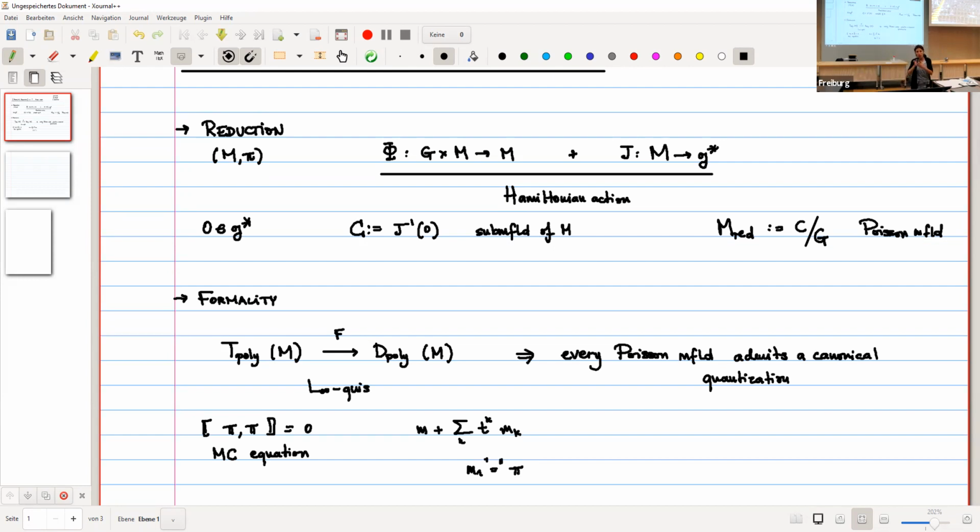So you're really deforming in the direction of the Poisson structure. And you want this product to be again associative, as M was. So let's call it mu. Mu is associative if and only if it's a Maurer-Cartan element. So it satisfies again a Maurer-Cartan equation.